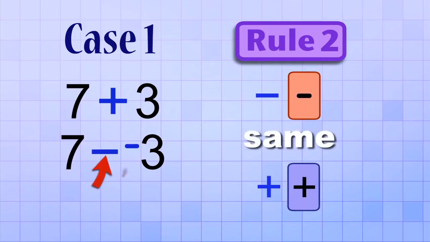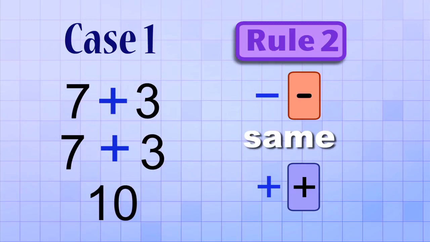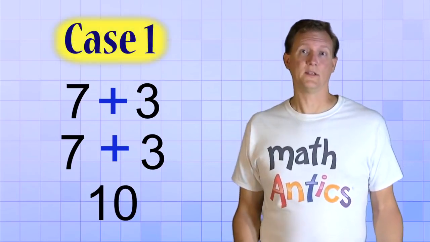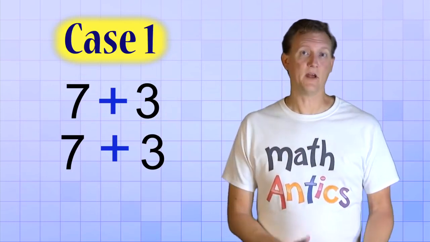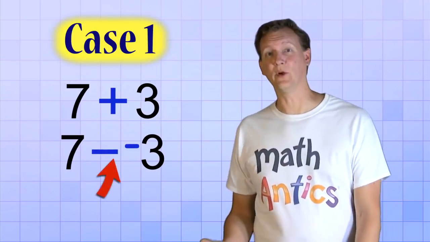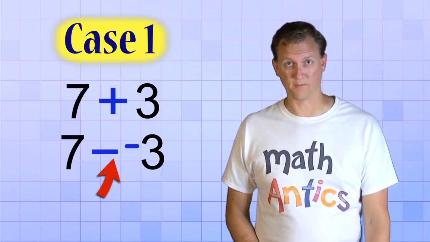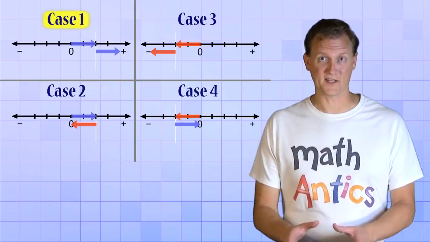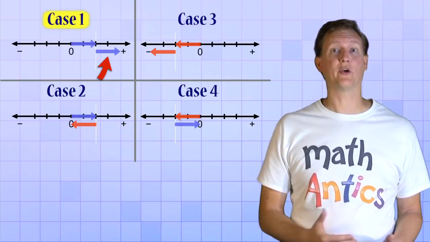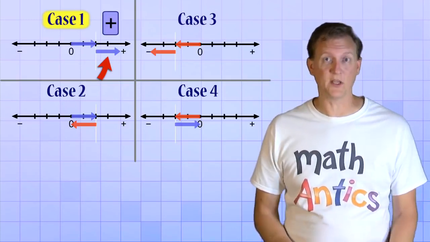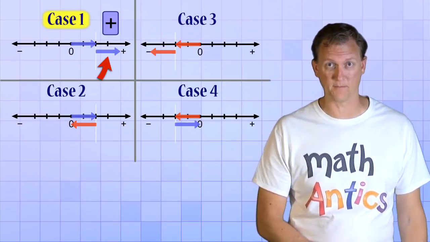We can change the minus negative 3 into plus 3, and we get the same answer, positive 10. So case 1 is just addition like you're used to doing. But now that we have negative numbers, there's a new way that it could be written that you need to be on the lookout for. Oh, and in this case, starting with a positive and making it more positive, you know your answer will always be positive because you stay on that side of the number line.